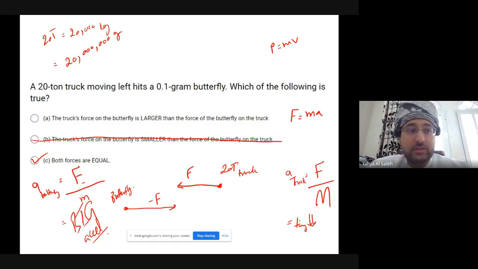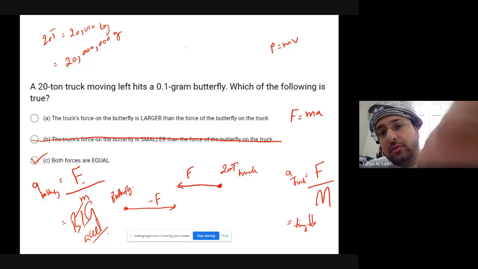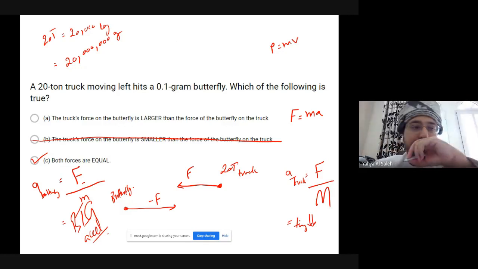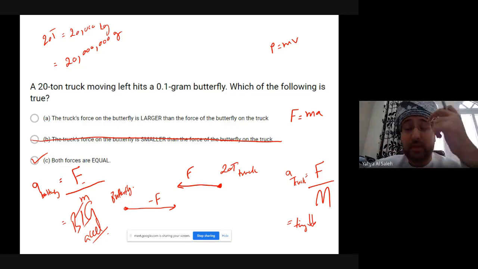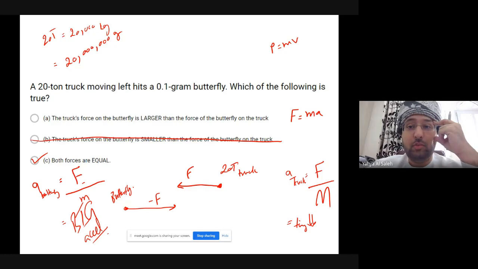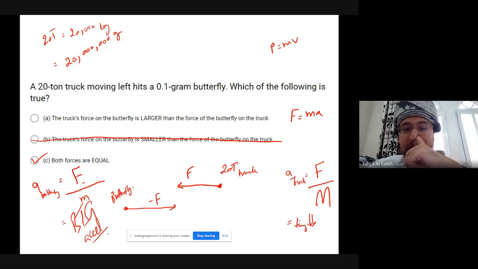They have certain velocities. Okay. Which means they will have different momenta. So say, for example, the truck is moving at, this is going to confuse you even more, introducing momentum at this point. Let's stick to F equals ma.